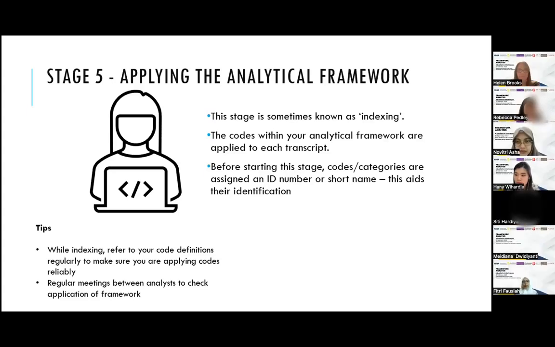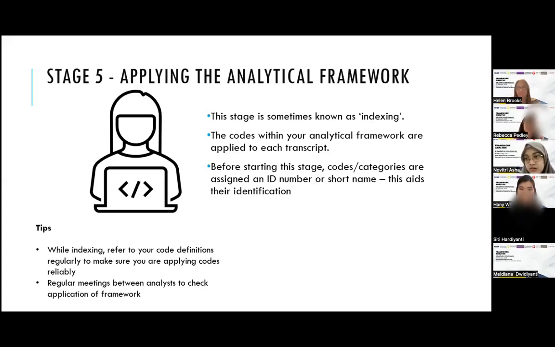Makes it easier to identify. And while indexing, I think just a reminder to say it is good to keep your discussions going with your wider team at this point, just to make sure everyone is applying the codes and the definitions in a similar way, and just to check in with each other that you're keeping consistency in the team.